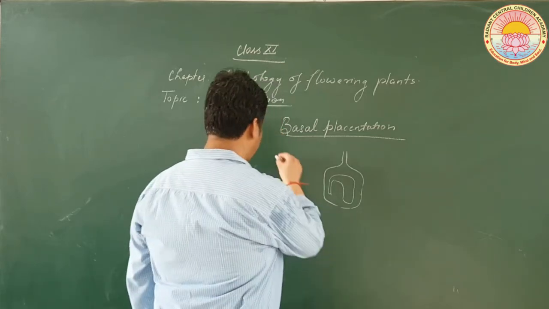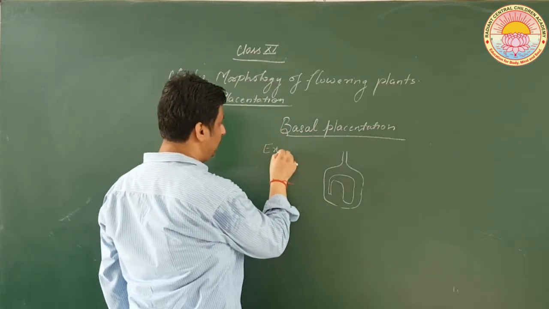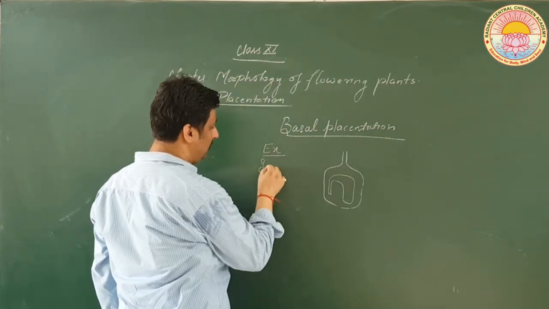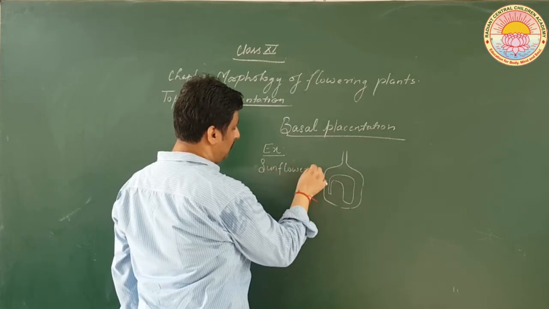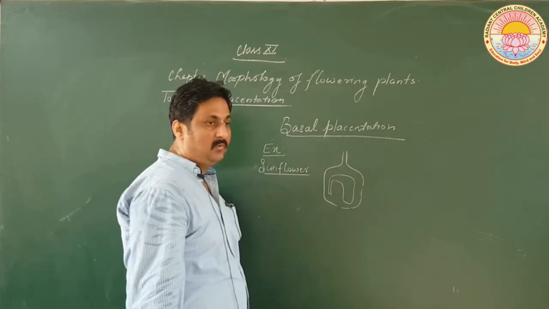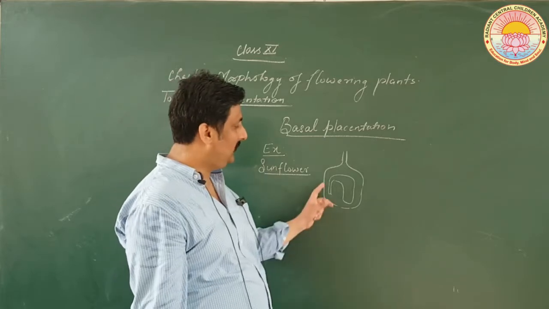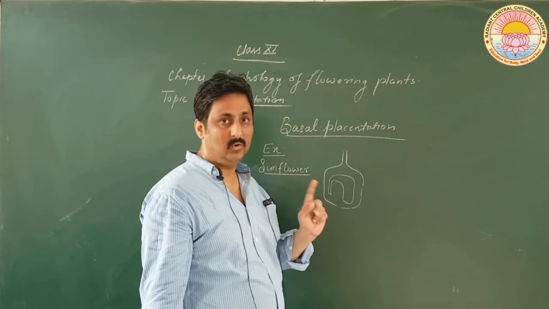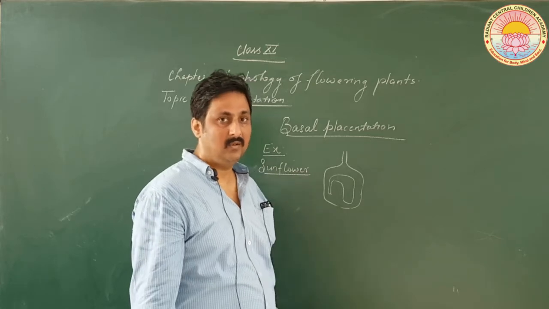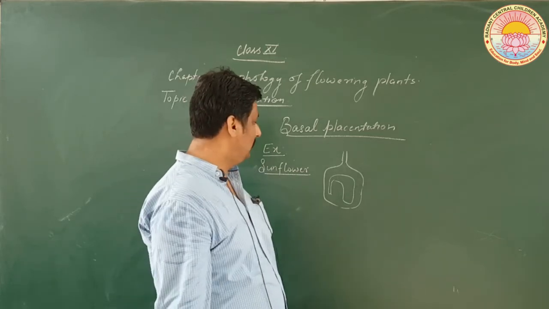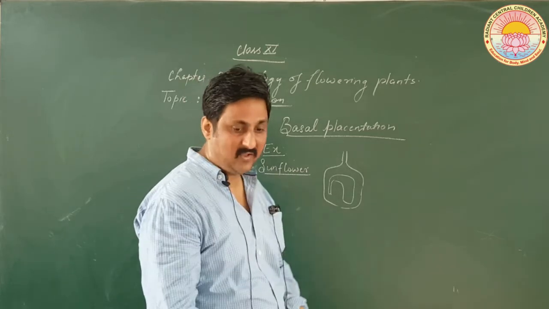An example of basal placentation is sunflower. In this case you will find that only one ovule is situated in the ovary, and it arises from the basal part. So this is all about placentation.